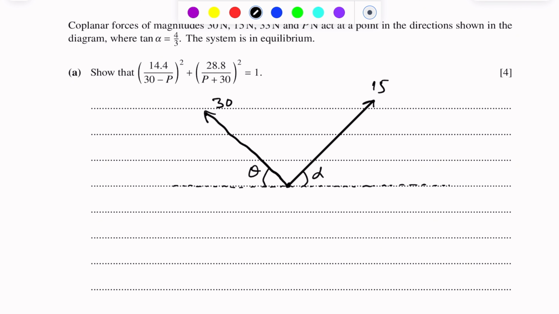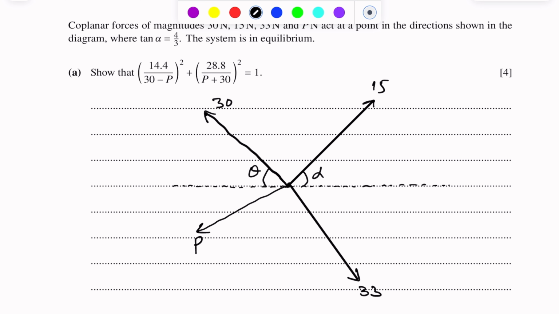And this force is P Newton, and this force is 33 Newton. Now we will resolve these forces.